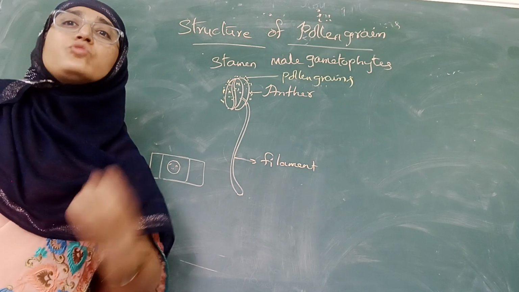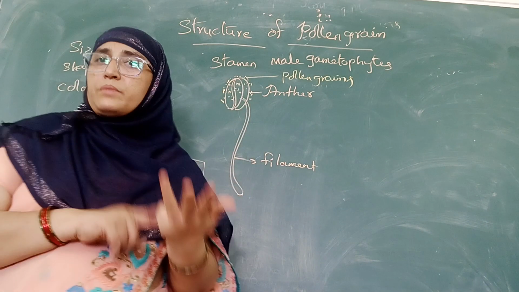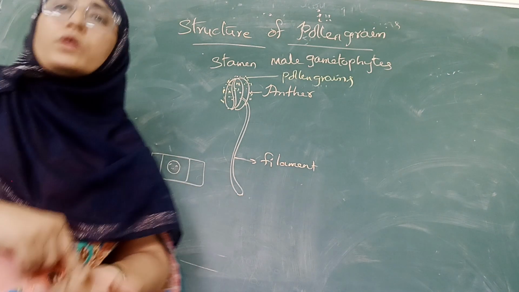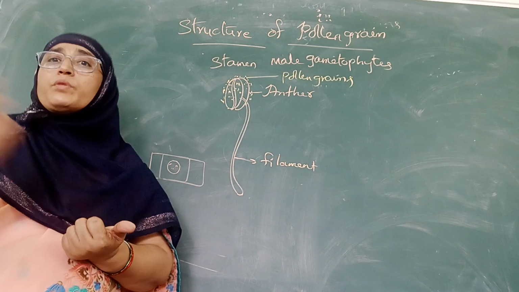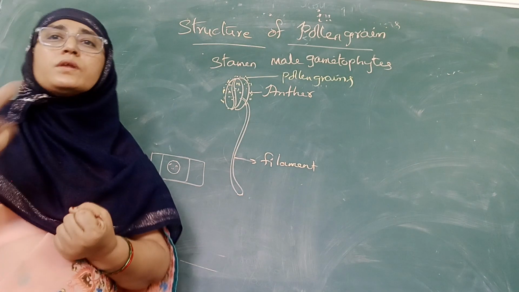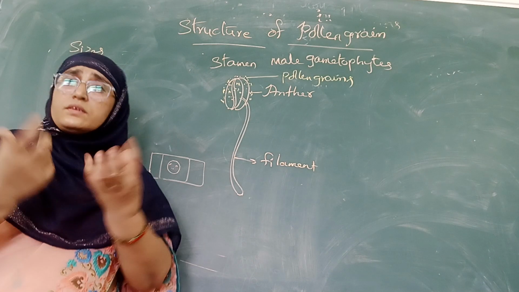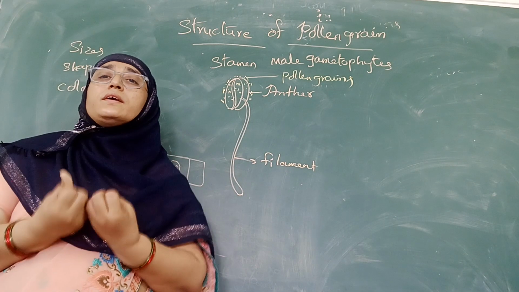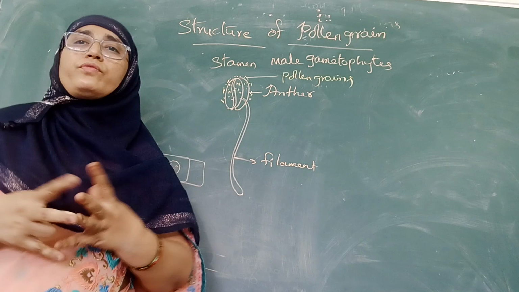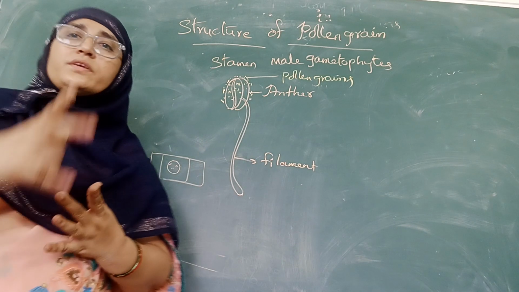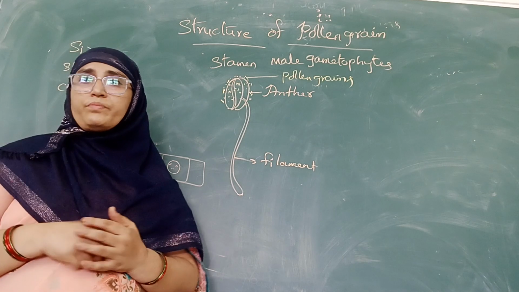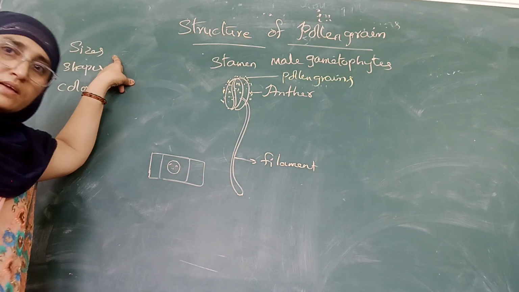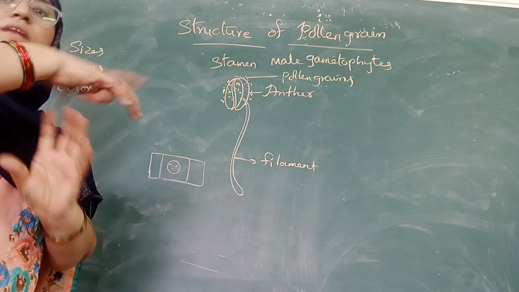When we observe pollen grains collected from the flowers of different species, like a hibiscus flower, a jasmine flower, a watermelon flower, pomegranate, bitter gourd, bottle gourd, coconut and mango flowers, we can see they differ in their size, shapes, colors, and also their external surface.